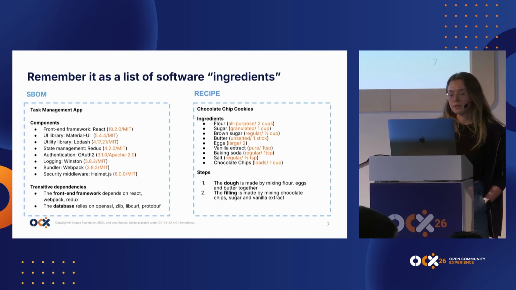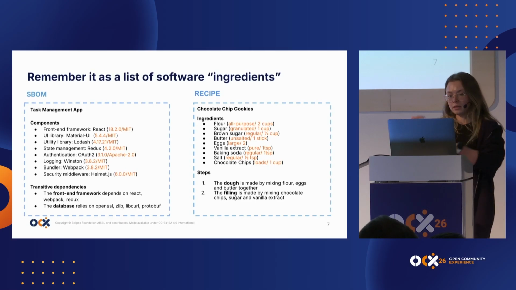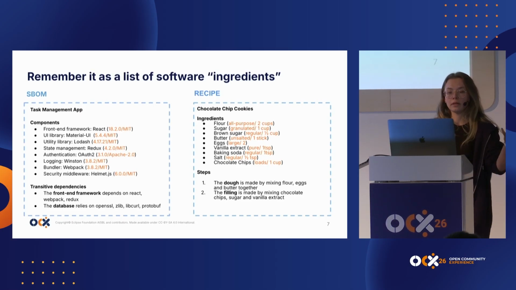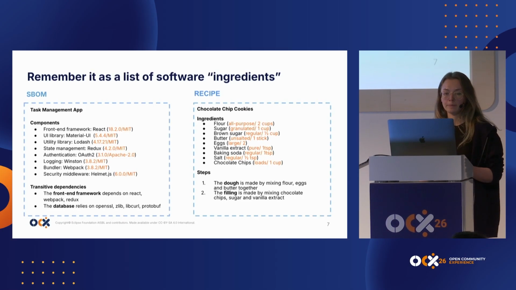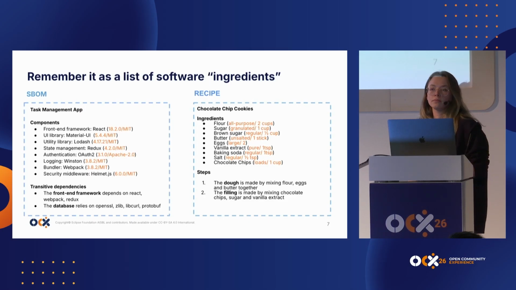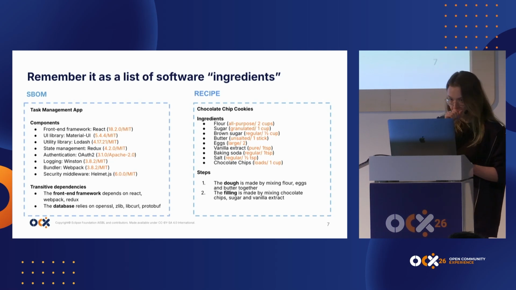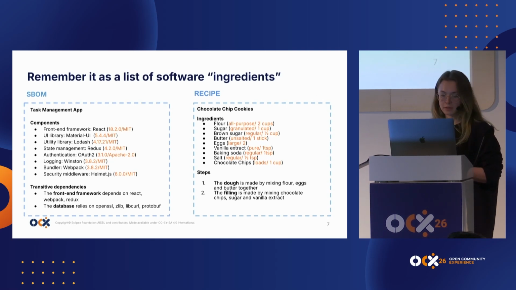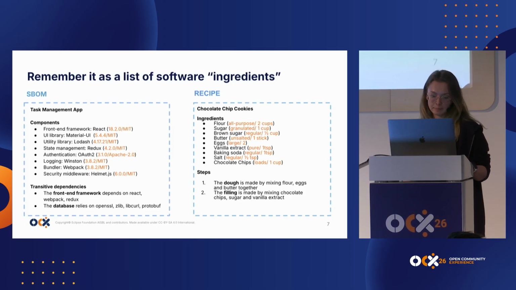And you would also have a list of steps on how these ingredients are combined to form intermediary products. This applies in the case of SBOMs. So, for example, if a batch of flour is contaminated, you would be able to go back to the recipe and see: did I use flour? And what kind? The same concept applies to vulnerable dependencies. So I hope that makes it a little bit more clear.